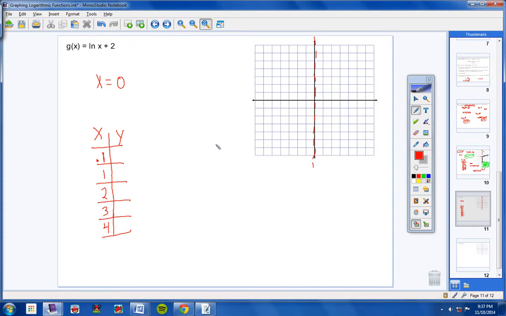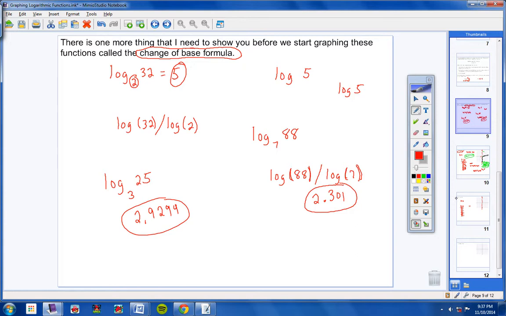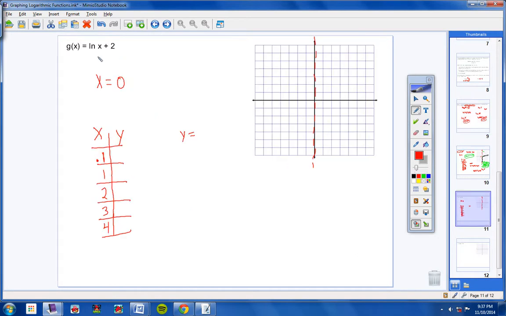Now let's go ahead and get our calculators. Go to the top left button, y equals. And now listen, students, when you type this into your calculator, it's so easy to do. You don't have to use your change of base formula. There's no need. It's already a natural log. So you just type in ln, and the parentheses will pop up.